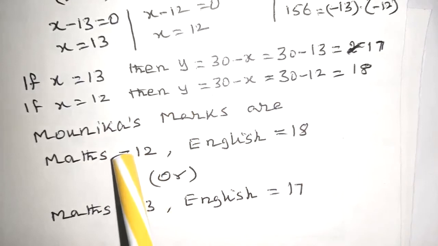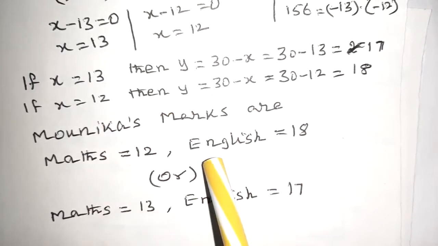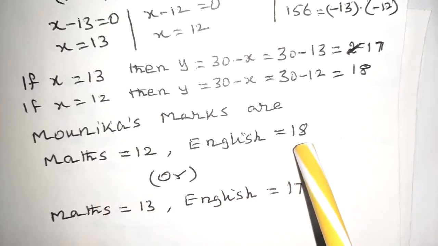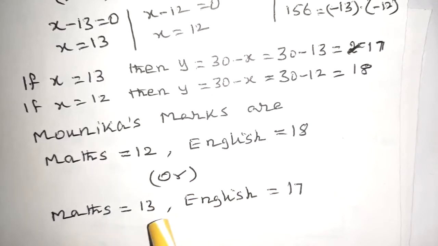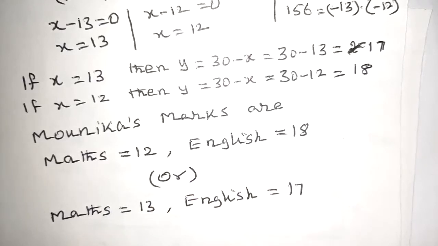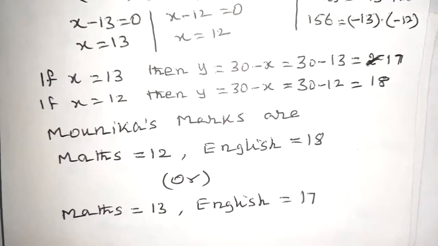That is, Monica's marks are Mathematics 12 and English 18. This is case 1. Or case 2, Mathematics 13, English 17. These two possibilities are possible.